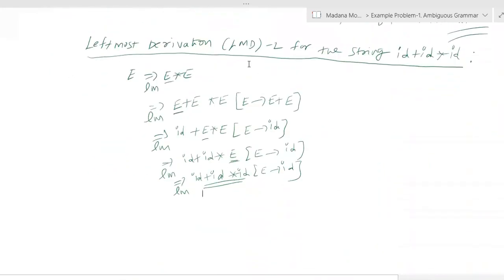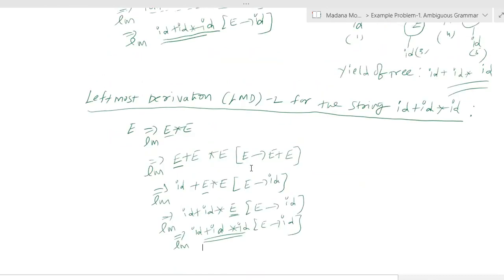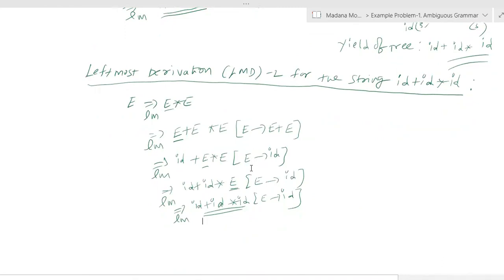In the second leftmost derivation, the starting production we have taken is E derives E into E. There the plus expression we have taken, here the into expression we have taken. Therefore, both derivations are different, but derive the same string, as per the condition of ambiguity that we will come to later. First, draw its parse tree for LMD2.